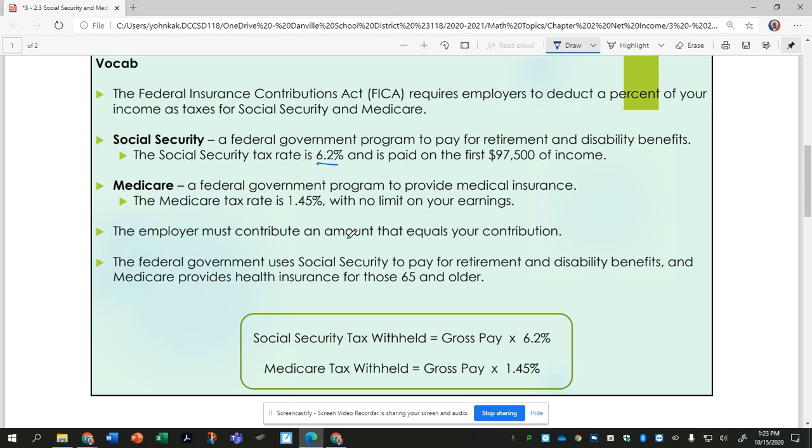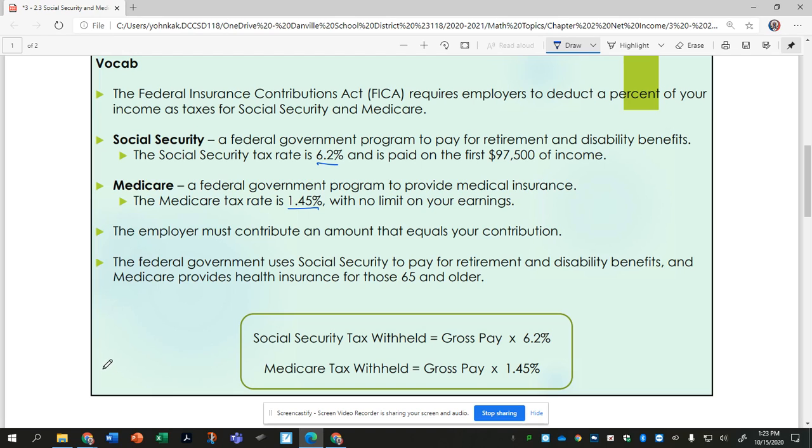Medicare is a federal government program to provide medical insurance. The Medicare tax rate is 1.45%, and there is no limit on the amount of earnings that you have to be taxed on. The employer must contribute an amount that equals your contribution. So, whatever your contribution is based on the percentages, that's what the employer must pay.